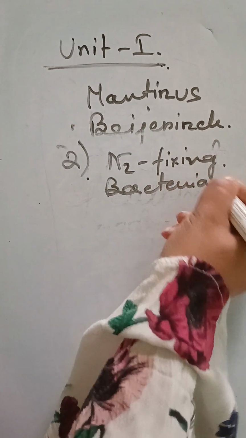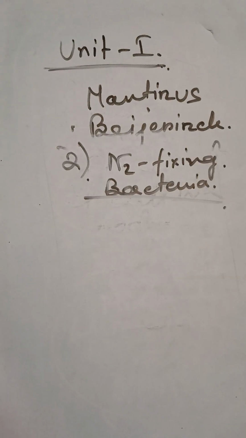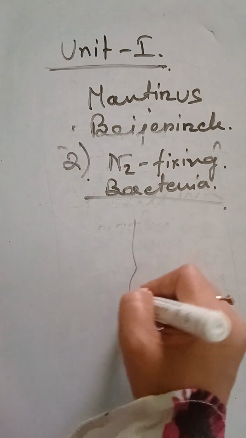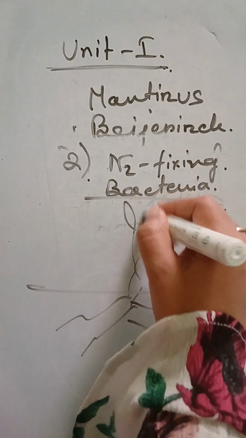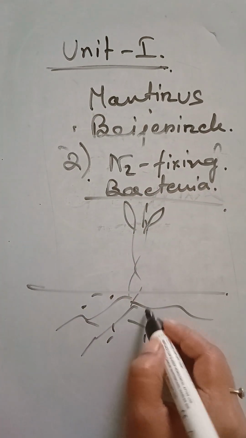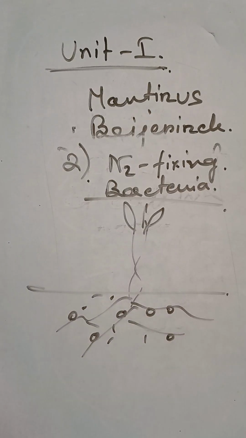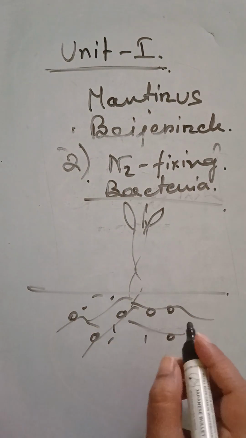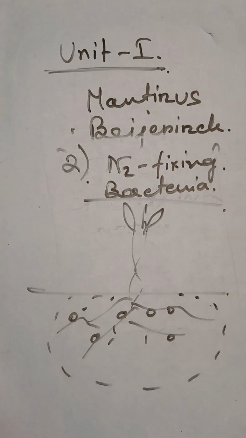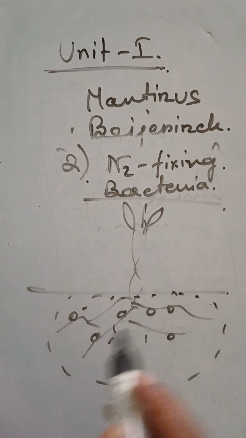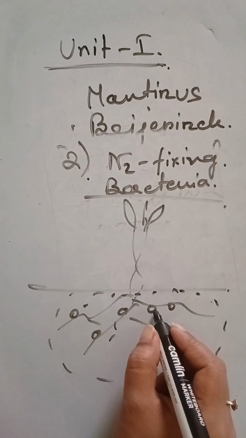He first discovered that some bacteria are present in the rhizosphere of the soil. Suppose this is a plant, this is the root. These are the nodules of the legume plants. So this is basically the rhizosphere, this portion. In the rhizosphere, there are bacteria which are able to make nodules.